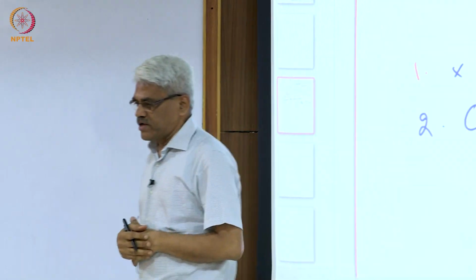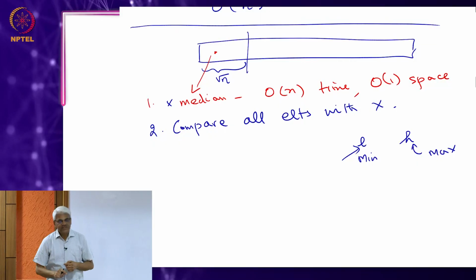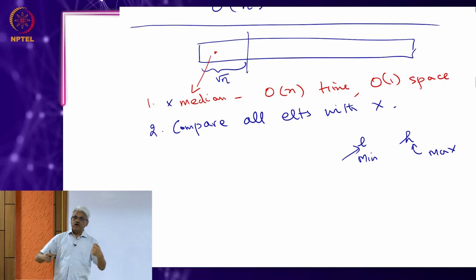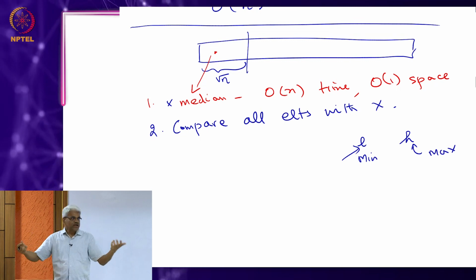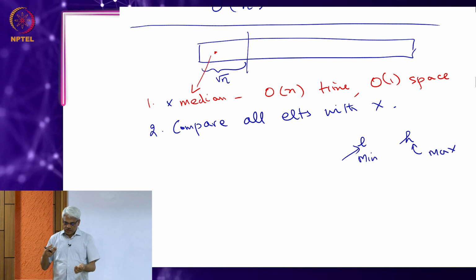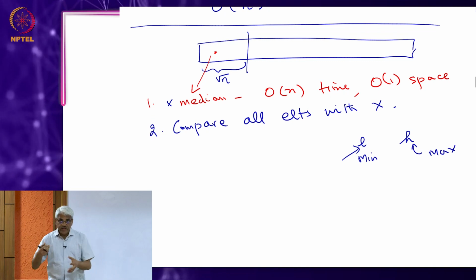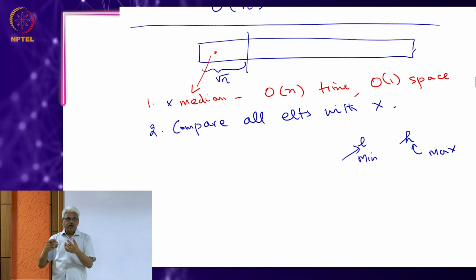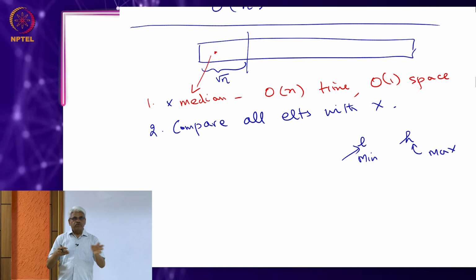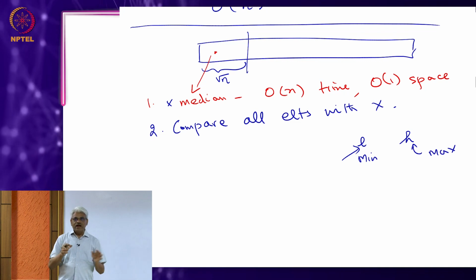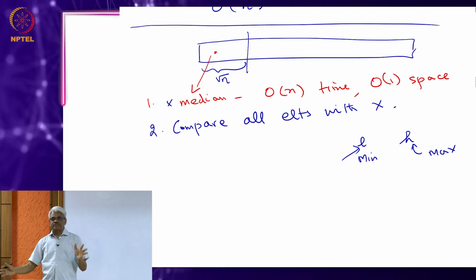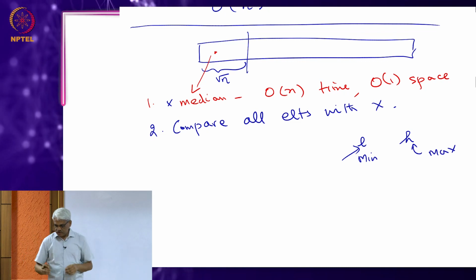Now, how do I update it? When I compare all elements with this x, I can count how many are smaller, how many are bigger, because it is a counter. Let us say I am looking for the median element or kth smallest element, and something much smaller than k is smaller, then I know the kth smallest element is on the other side.